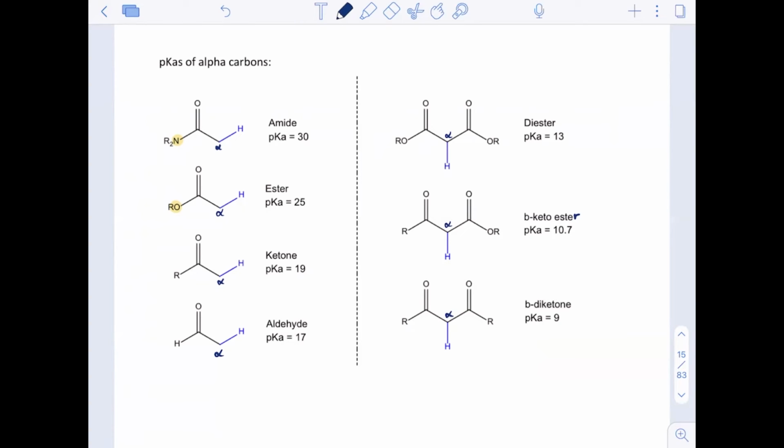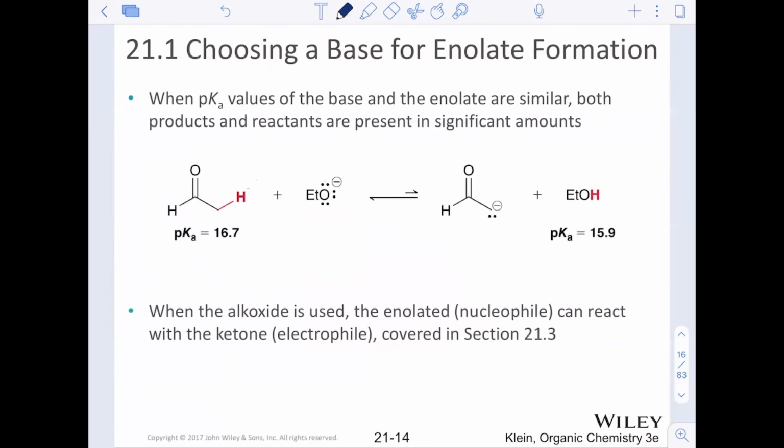So they're not super acidic, but they're definitely a lot lower than our typical sp3 carbons to hydrogens. And the reason for that is more resonance, more stability of the conjugate base, right? So these pKa values I expect you to be able to utilize and to understand, and we'll be picking our bases based off of these numbers.